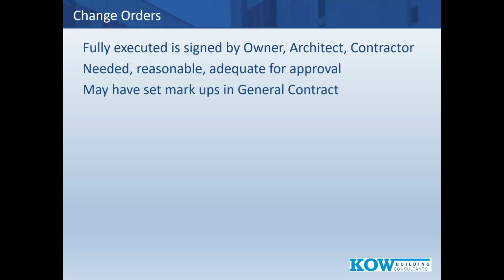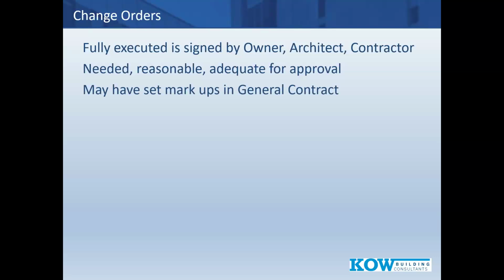You also may have set markups in your general contract. That's something we look at when we do a plan and cost review. I like to see in a general contract where it says, hey, any change orders we have, there's going to be 15% markup for general contractor, general conditions, profit, and overhead. I like that. That's transparent because I can always look at the subs cost for the change order later.